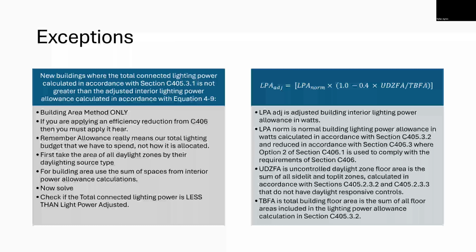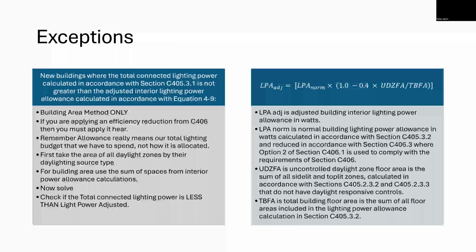And basically you have to compare your normal lighting power allowance multiplied by a factor of your uniform daylight zones versus your total building area. And if your total connected interior lighting power is less than your lighting power adjusted from that daylight factor, then you don't have to do any photo controls.